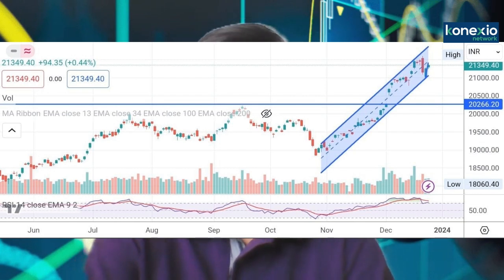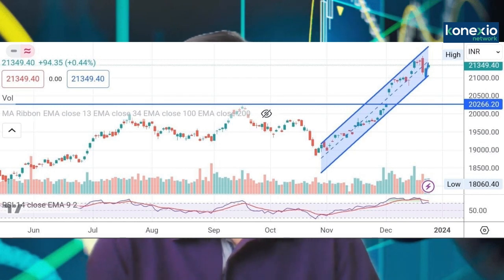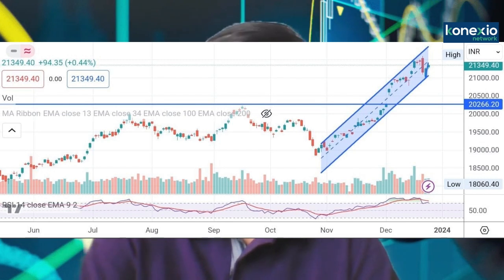The strategy should be buy on dips and do not play for huge moves. Just play for maybe 70, 80 points in Nifty and maybe 125, 150 points in Bank Nifty. Do not try to play huge swings. This is what I feel could be the trend for at least the next week.